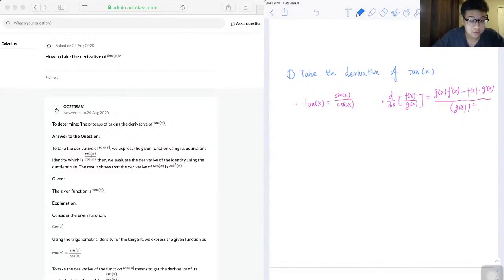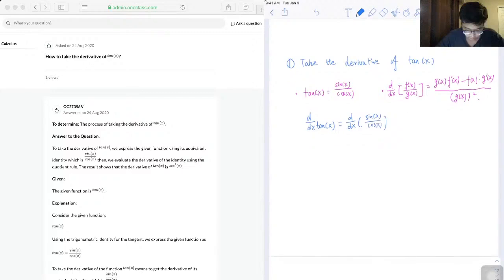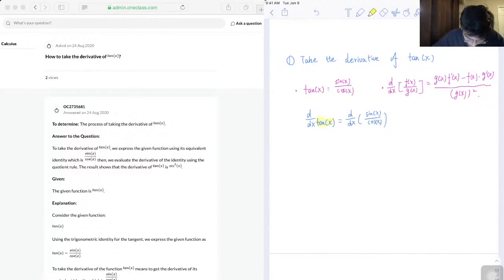So like I just mentioned, instead of solving the derivative of tangent x, we solve the derivative of sine x over cosine x, right? So it can be written like this: tangent x equals sine x over cosine x. These two parts are equal. And notice that the right-hand side of the equation involves getting the derivative of a quotient of expressions.